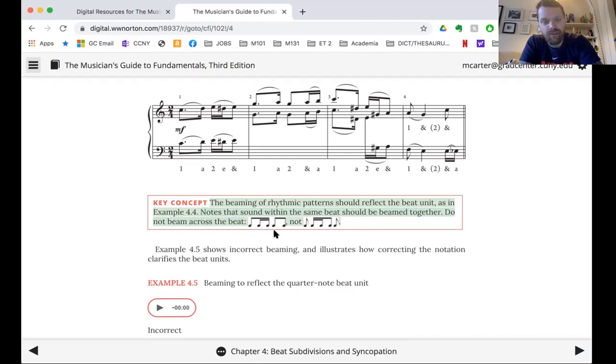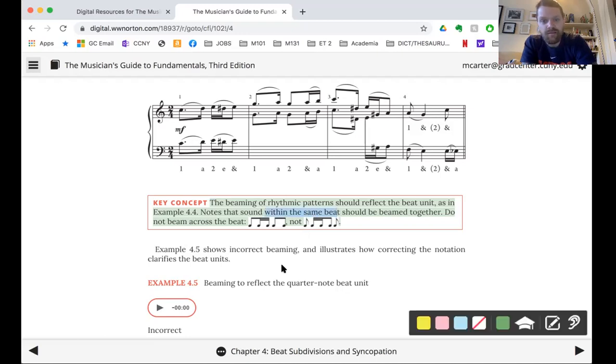But the problem, why this is incorrect, is that you've beamed across different beats. Do not beam across different beats. You beam within the same beat.